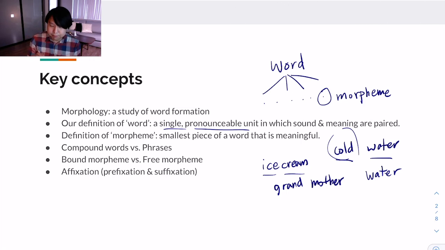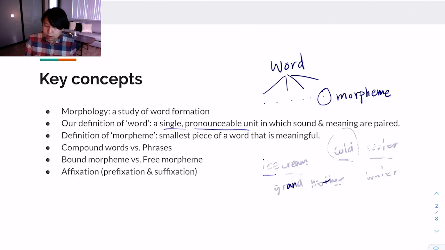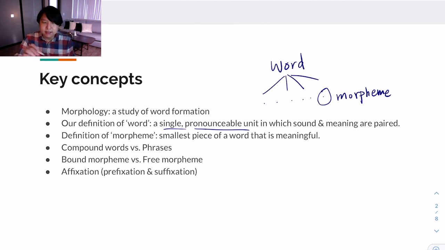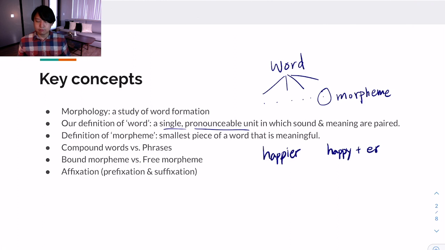So those kinds of words are compound words. And let's have another example of morpheme analysis. For example, if you say happier, it's a word made up of two morphemes, happy and er.